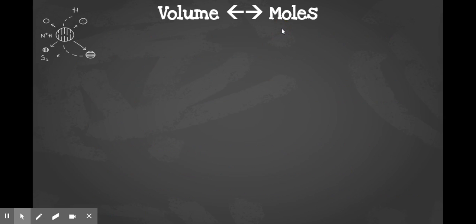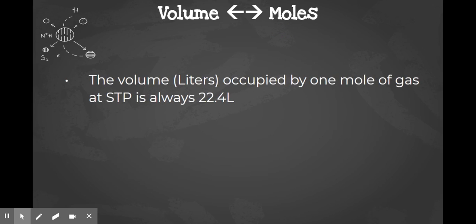All right. So the conversion factor for converting volume to moles is in liters, but 1 mole of gas at standard temperature and pressure is always equal to 22.4 liters. It doesn't matter what the gas is, just like with the particles. 1 mole of gas is 22.4 liters.